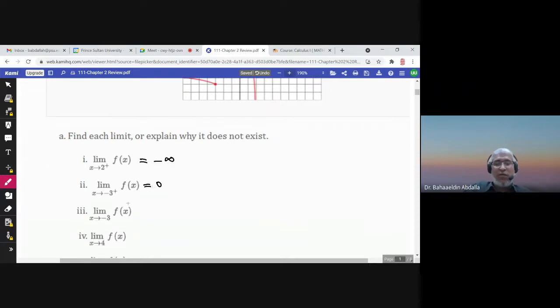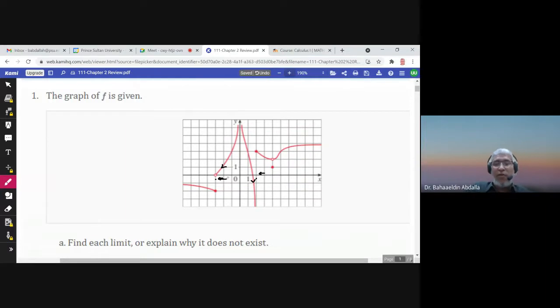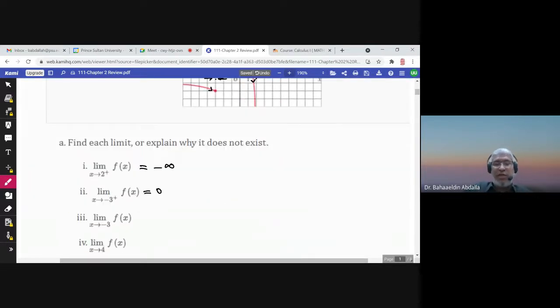The limit of f of x when x approaches negative 3 in general. We have seen from the right. Now, if x approaches negative 3 from the left, the function goes to this number, which is negative 2. So the limit from the right is not equal to the limit from the left. This means that this limit does not exist.